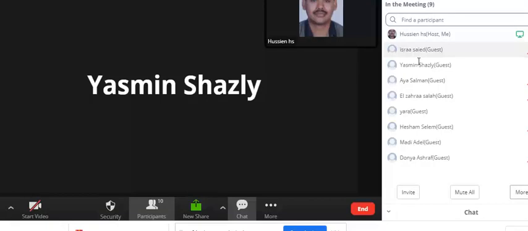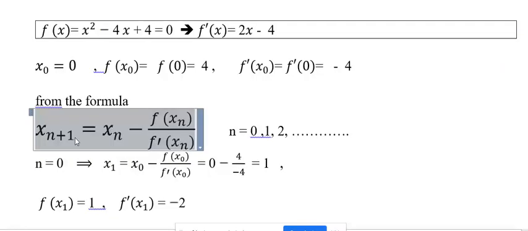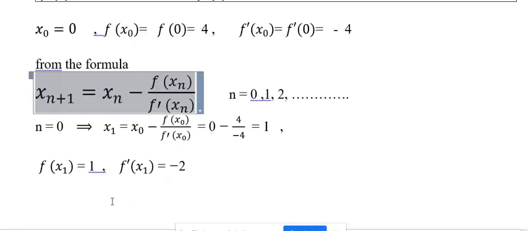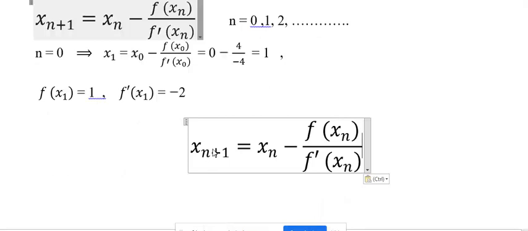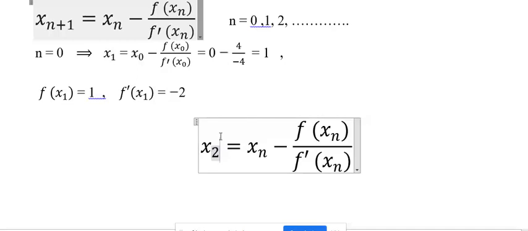What is it? xn plus 1 will be x2, when n equal 1. Equal xn, what is x1? Yes, that's good. And up here we have f of x1 over f dash of x1. Now let us substitute.